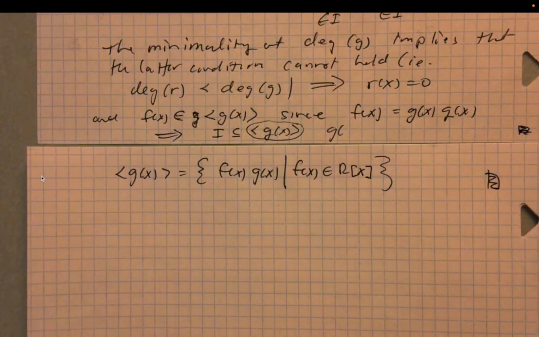So this arbitrary ideal has to be built in this way. If g is the polynomial in the ideal with minimum degree, then it generates the whole ideal. Okay, very good.